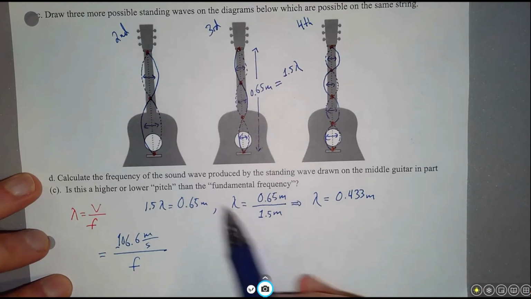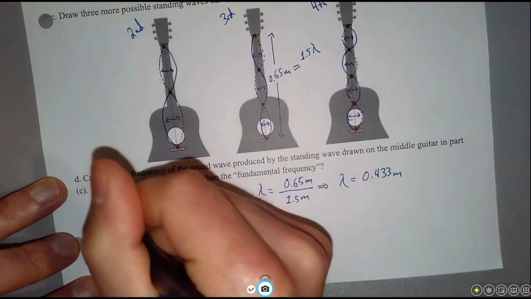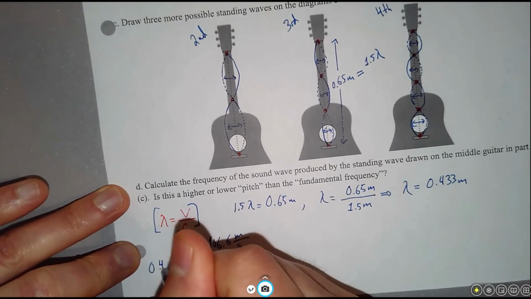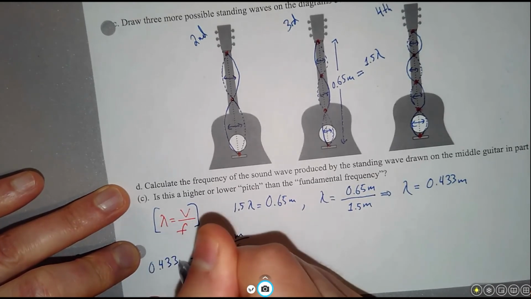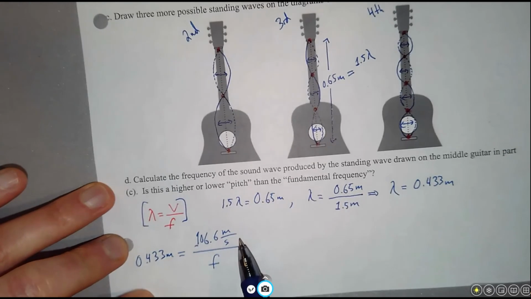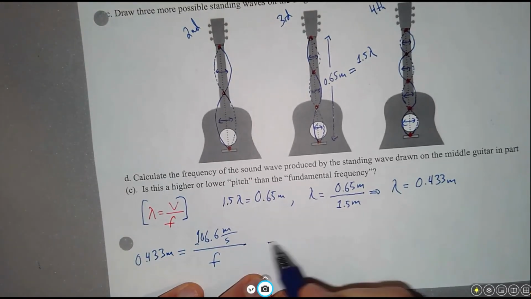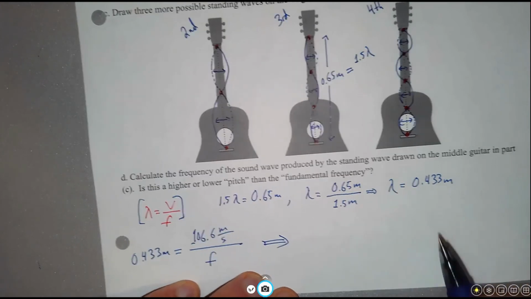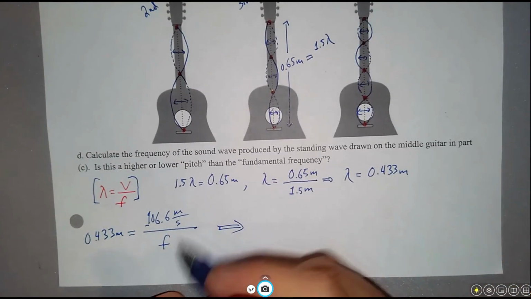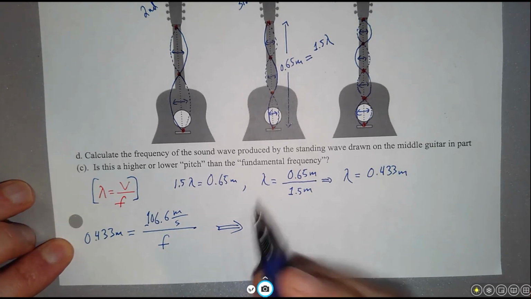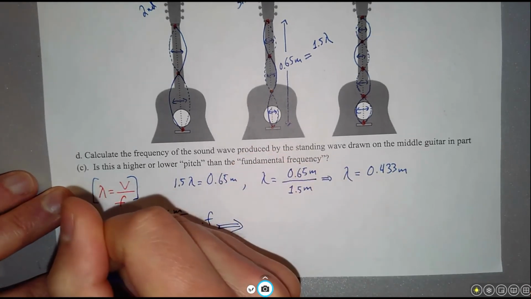So let's now plug that back into our frequency and wavelength equation. We have a 0.433 meter wavelength, the waves are moving at 106.6 meters per second, and we're solving for frequency. Do a little bit of algebraic manipulation to solve for frequency. First, we have to get it out of the denominator, so multiply each side by f.